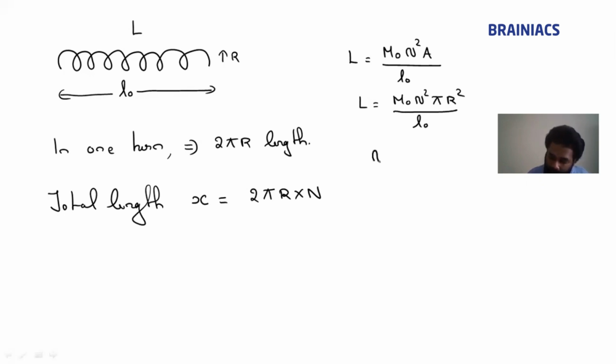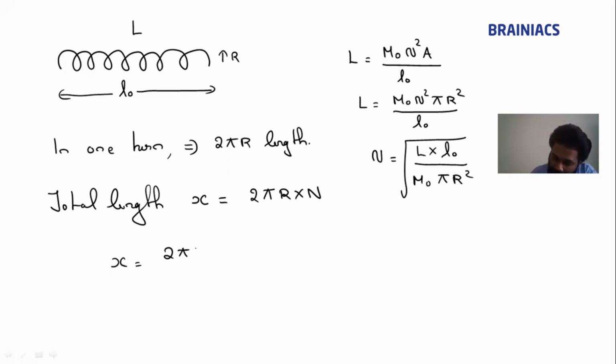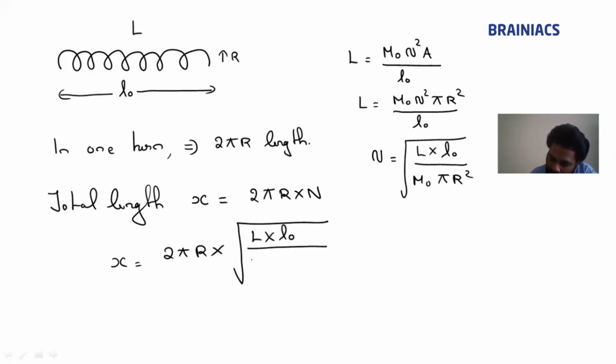So from this we can say n is equal to root of L into L naught divided by mu naught pi r square. So let us substitute here. X is equal to what? 2 pi r into root of L into L naught divided by mu naught pi. If we take this r outside, this will get cancelled off.